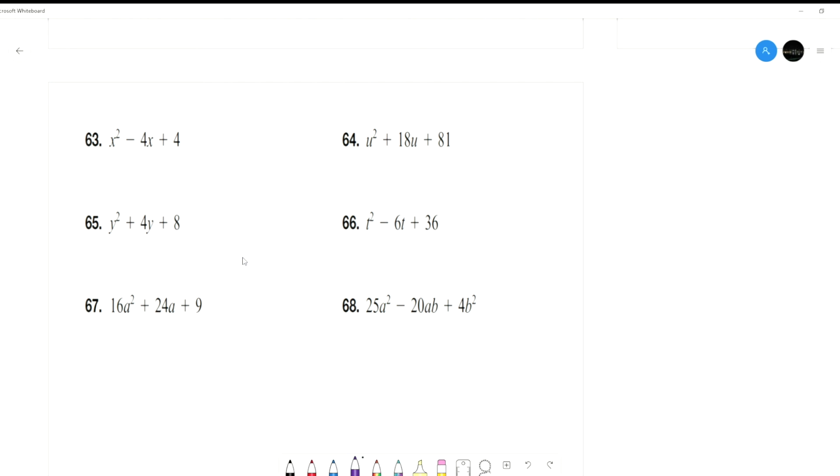So we have x squared minus 4x plus 4. So I see it's 3 terms, right? Remember, difference of squares, there are only 2 terms, but this one has 3 terms. That's how I know it's not a difference of squares, right? So I see that this is 2 squared, right? 4 is 2 squared, and the x squared is just x squared, right?